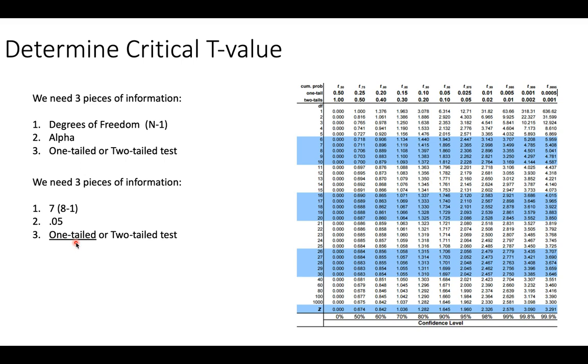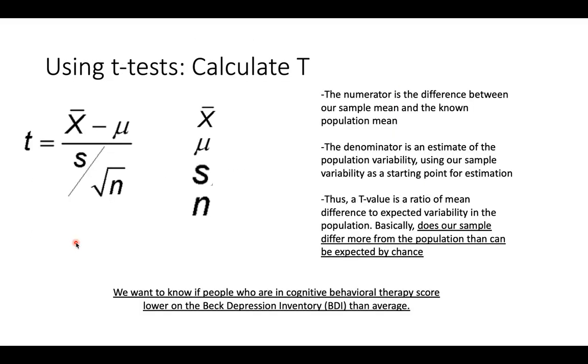Now let's go back to our research question. We want to know if people who are in cognitive behavioral therapy score lower, that's our keyword here, lower on the Beck Depression Inventory. So if we think about the normal curve, we are only looking in one direction, right?